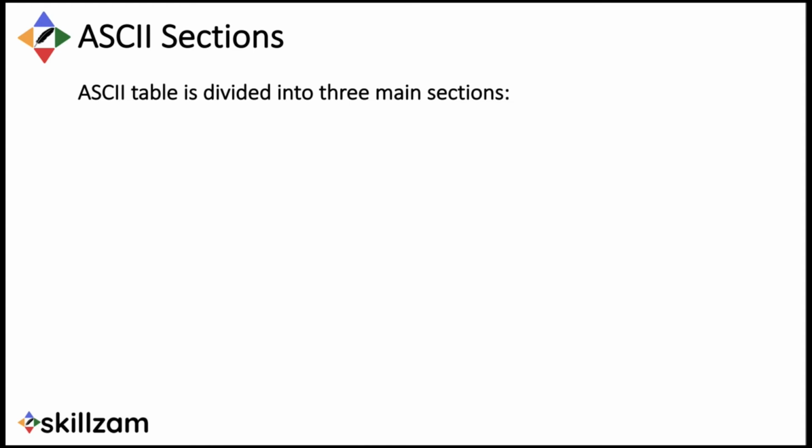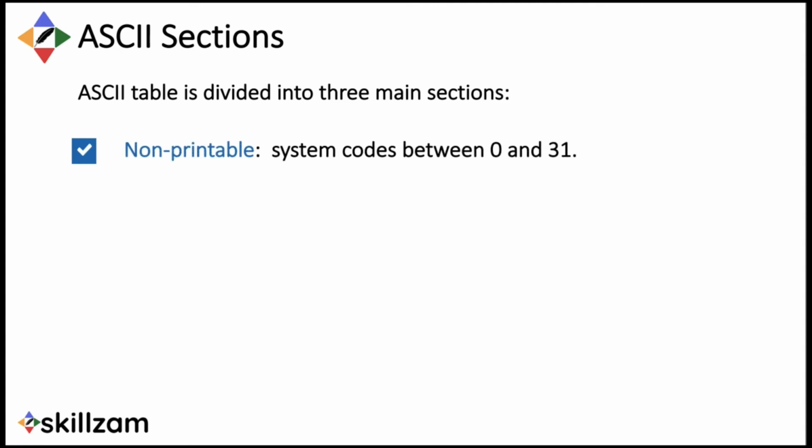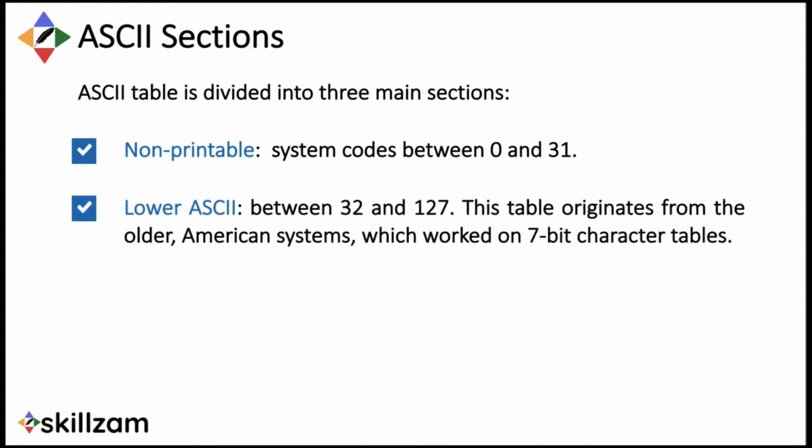The ASCII table is divided into 3 major sections. The first is non-printable values, that is system codes between 0 and 31, and lower ASCII values between 32 and 127. This table originates from the older American systems which worked on 7-bit character tables.